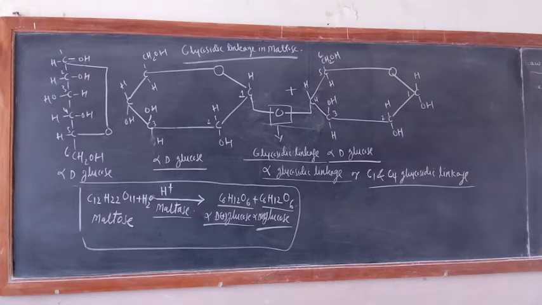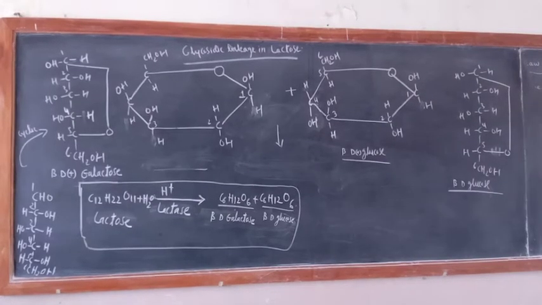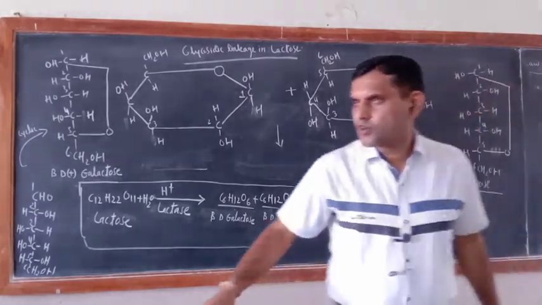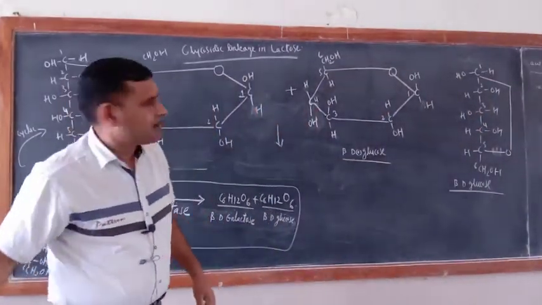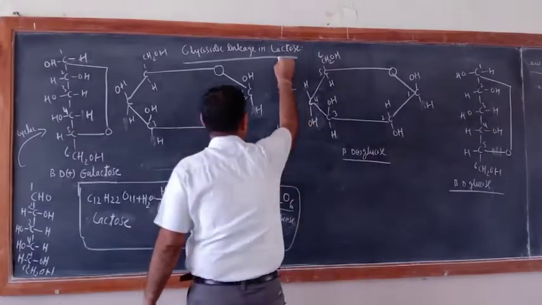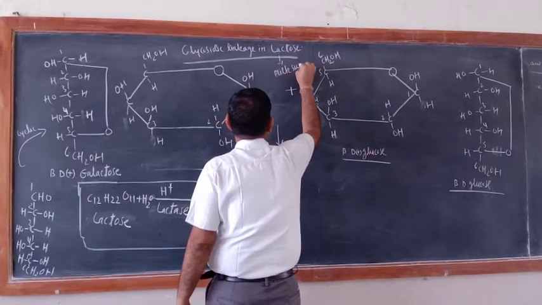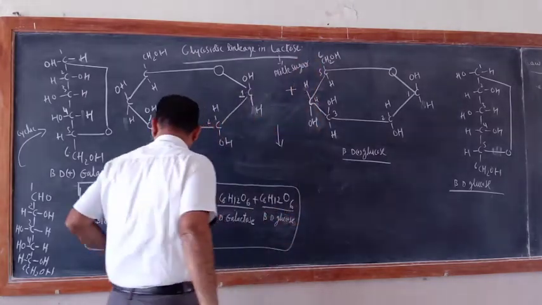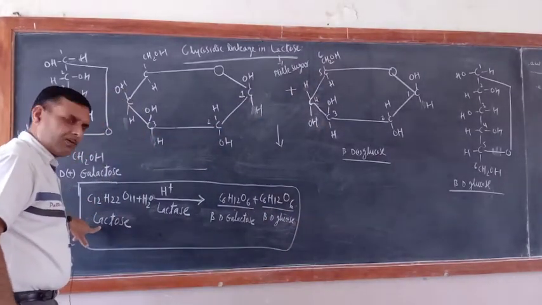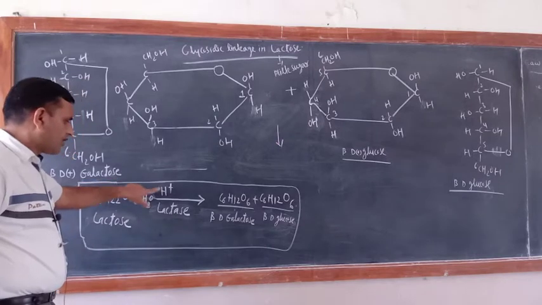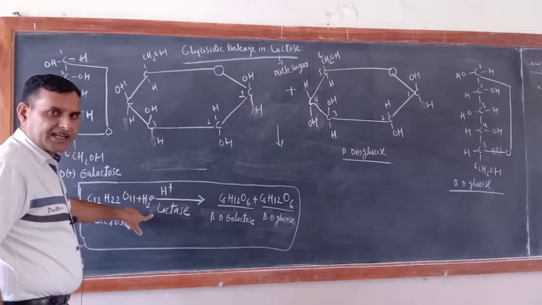Over. Now what about the glycosidic linkage in lactose? I have to explain. Okay, now see the glycosidic linkage in lactose. Lactose is known as milk sugar. Now if you subject lactose to hydrolysis, just see, this is the molecular formula of lactose, hydrolysis only in presence of lactase enzyme.